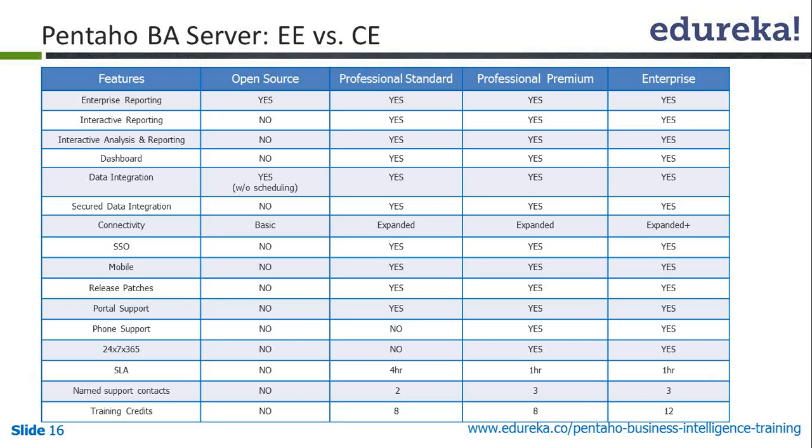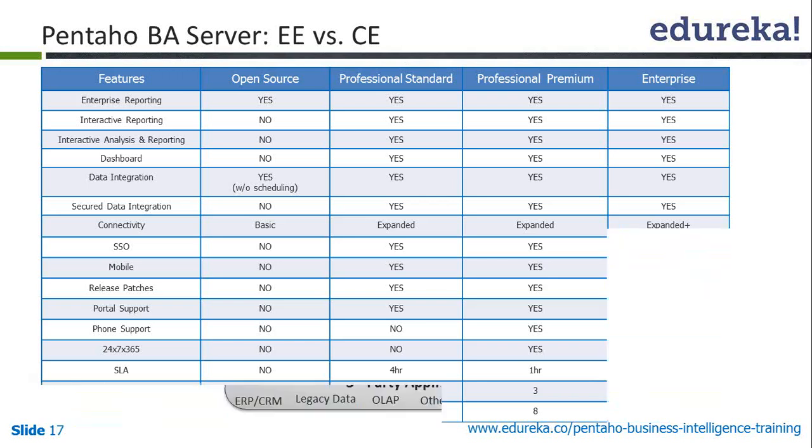But you have the enterprise edition, with different versions like professional, standard, premium, and enterprise. There are differences between the features available in each of these versions. It's basically around the support and any kind of help you are looking for.